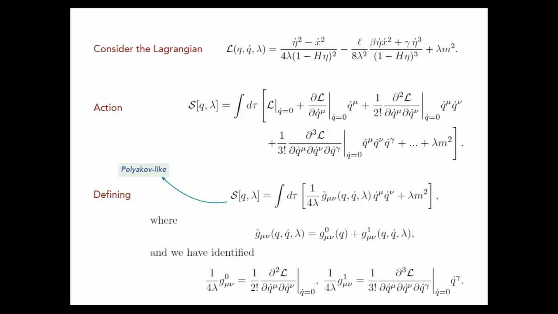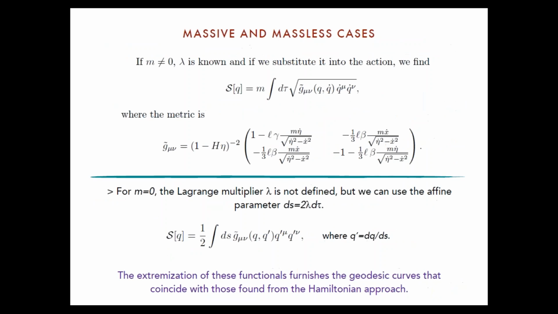as a Taylor expansion in the velocities, and because we wanted also uniqueness, we get a metric that is also invariant under reparametrization for the massive case, as it should be, and it has that form.